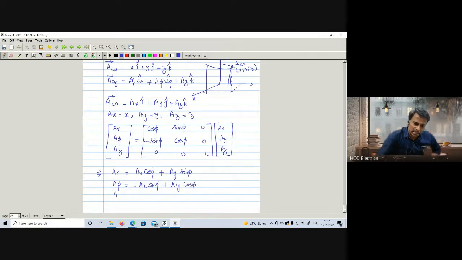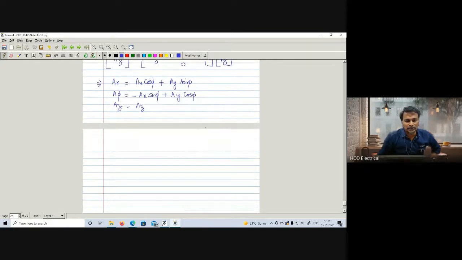Then AZ is equal to AZ, since we need not do anything with this AZ. Now, if you do this, we already know what is meant by Ax, and we know this Ax into cos, right?